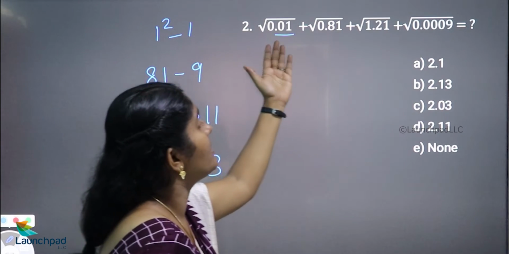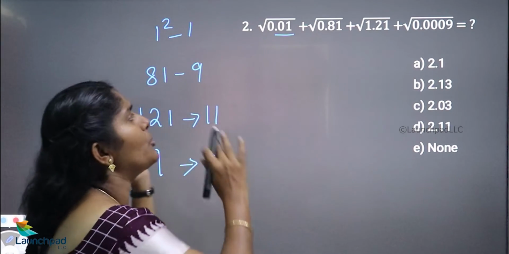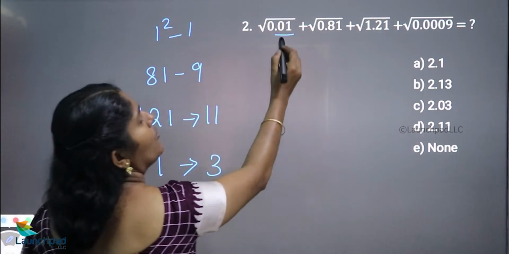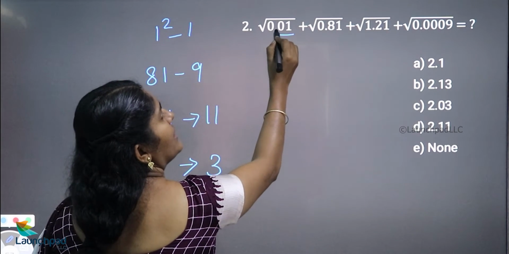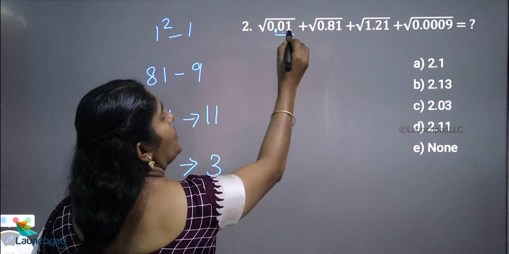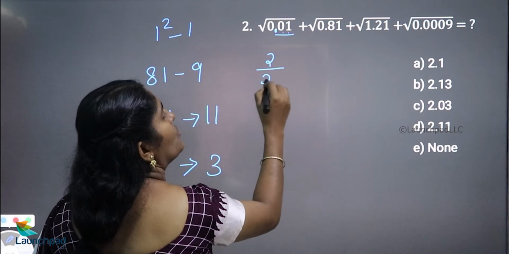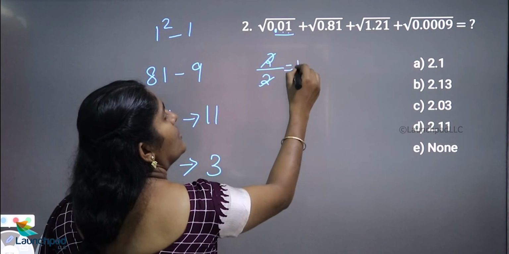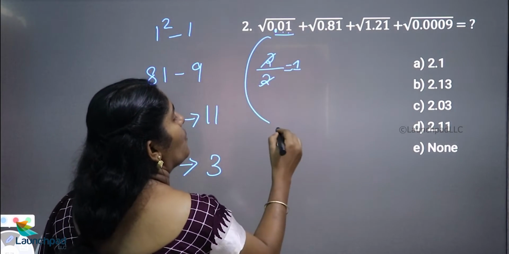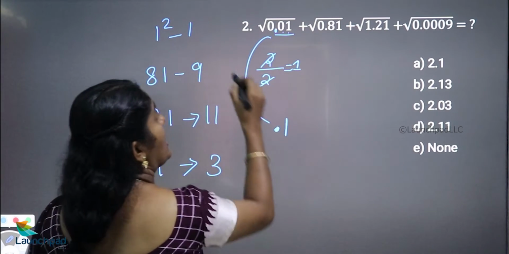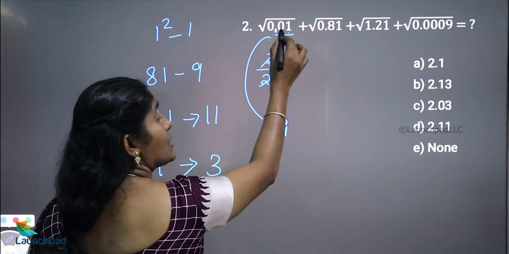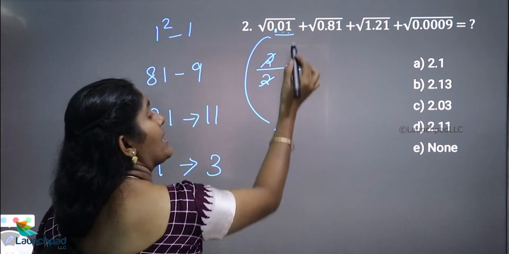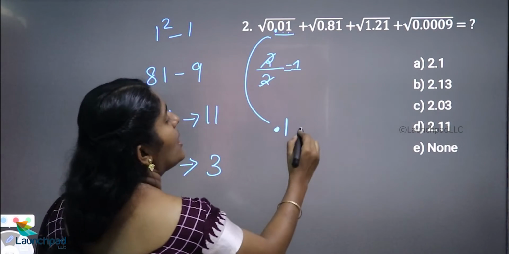Here the values are decimals, so we want to make the decimal value. How many numbers are there after the decimal point? 1, 2. 2 divided by 2 means 1. So we want to make 1 decimal place. So the square root of 0.01 is 0.1.